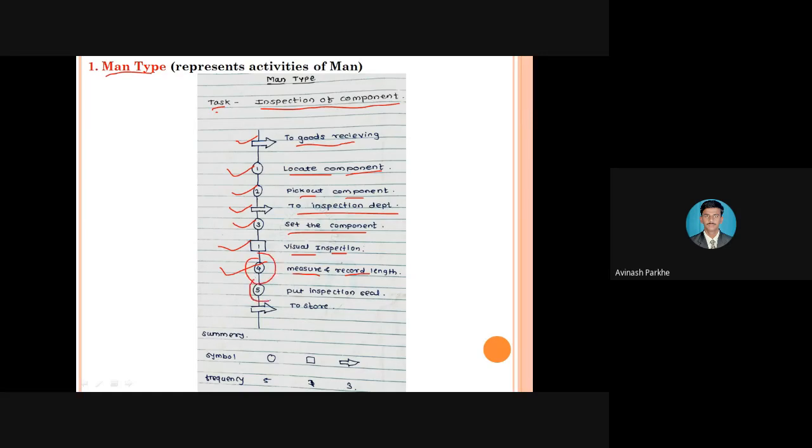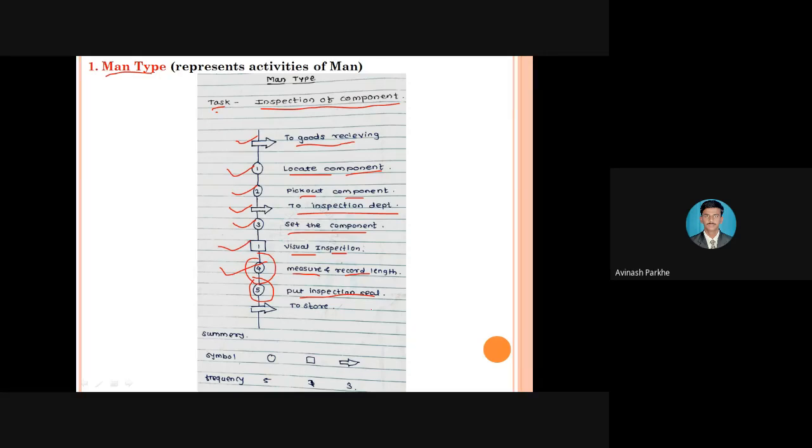Then after operation number 4, the operation number 5, it represents the put the inspection seal. Once your operation is over, you have to give the information like that now your inspection is over. So for that purpose, again that operation is represented by this particular operation number 5, which indicates that put the inspection seal.